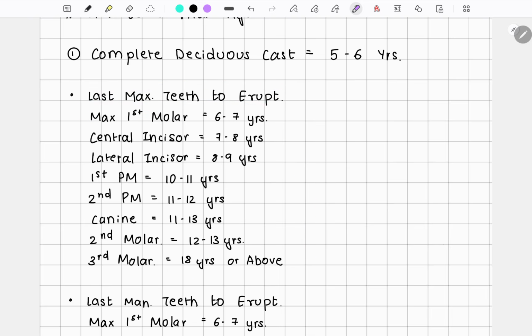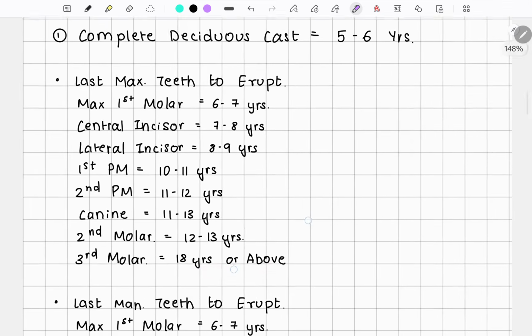If the last maxillary tooth to erupt is the maxillary first molar, then the estimated age will be 6 to 7 years. If it is central incisor, it will be 7 to 8 years. If it is lateral incisor, it will be 8 to 9 years. If it is first premolar, it will be 10 to 11 years. If it is second premolar, 11 to 12 years. If the last tooth to erupt is canine, it will be 11 to 13 years. If it is second molar, then it will be 12 to 13 years. If it is third molar, it will be 18 years or above.